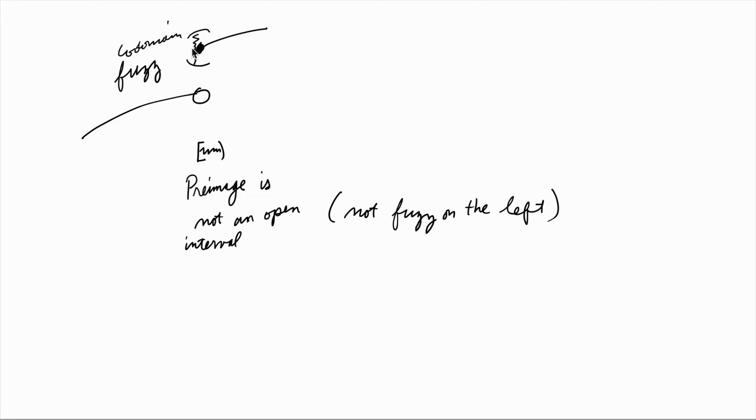If you take a look at some codomain fuzz here and look at its preimage, its shadow cast, notice that it's not exactly fuzziness. Now, for us, we're going to think about fuzziness as being something called an open interval, like from A to B on the number line. So if you have an open point, and just everything in between, not including the endpoints, that's one way of thinking about fuzz.